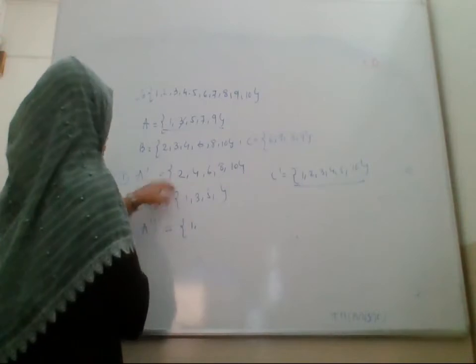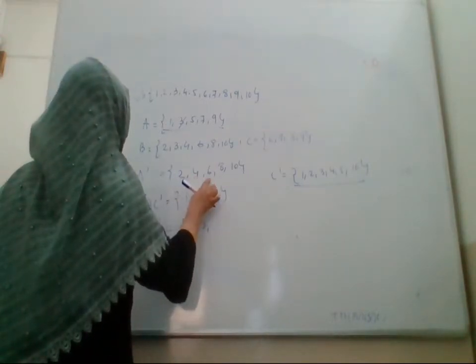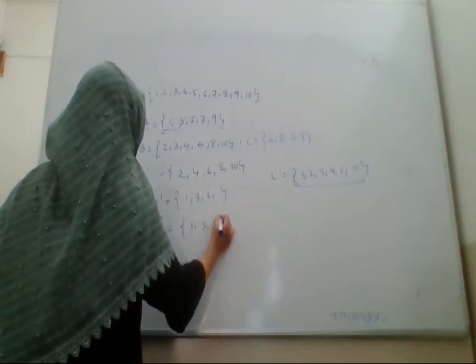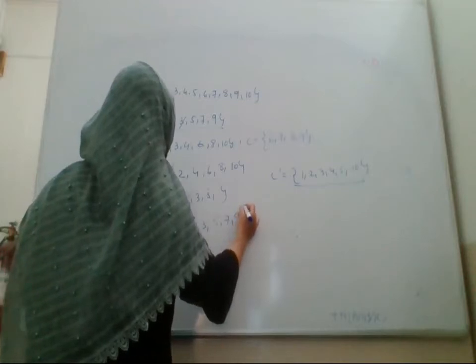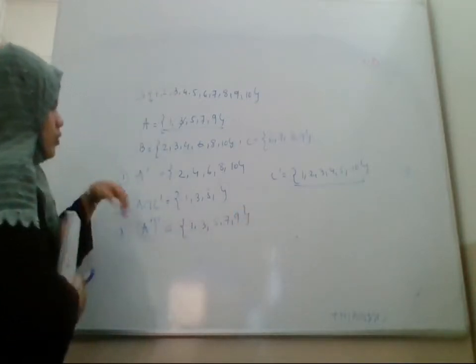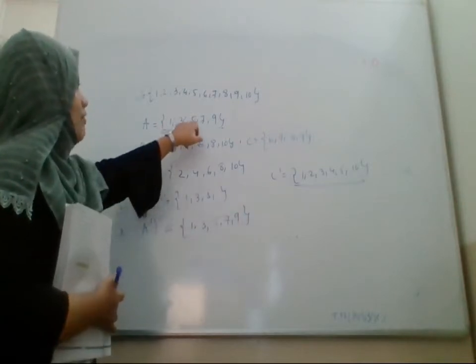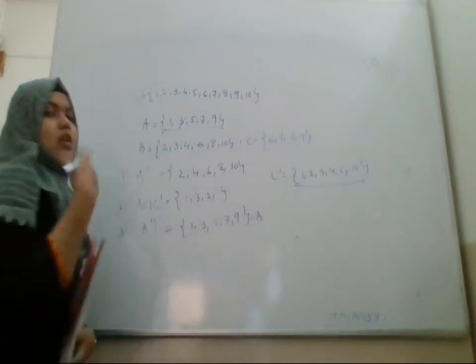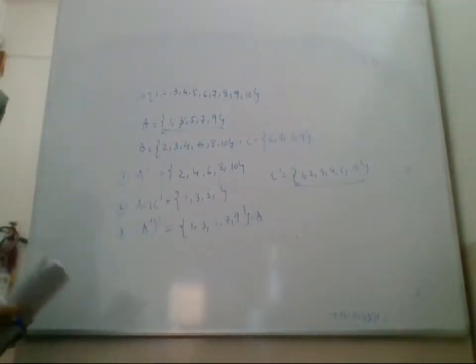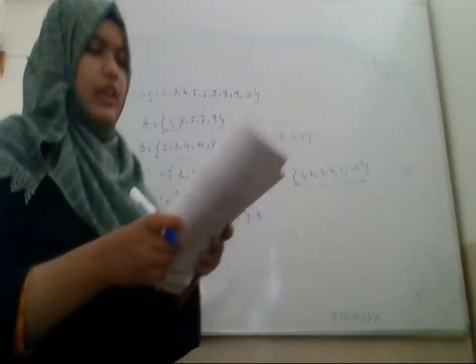Then you have to consider 3. Then 4 is there, you can't write 4. Then 5 is not there, write 5. 6, then 7, then 9, and that's it. So you can check 1, 3, 5, 7, 9. So it is the same as A. So the complement of A complement is A. So this is problem number 4 from page number 94.